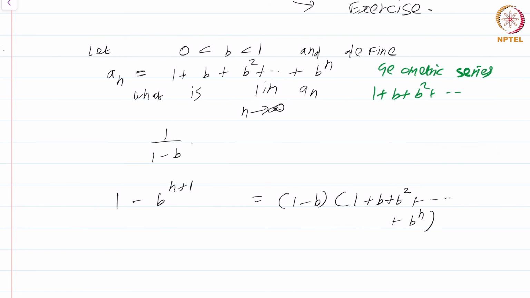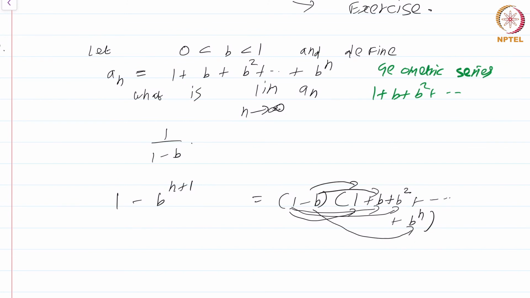Why is this correct? Well, there is a 1 accounted for by 1 times 1. Then the -b^(n+1) is accounted for by this product. What happens is that for all the intermediate terms, b comes once as positive and once as negative. b^2 comes once as positive and once as negative. Everything else just cancels off.